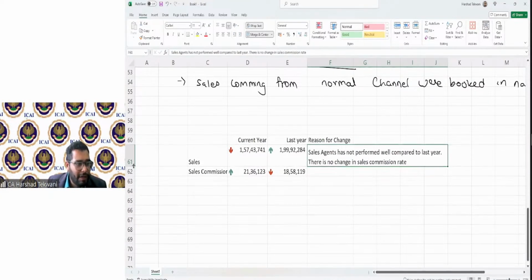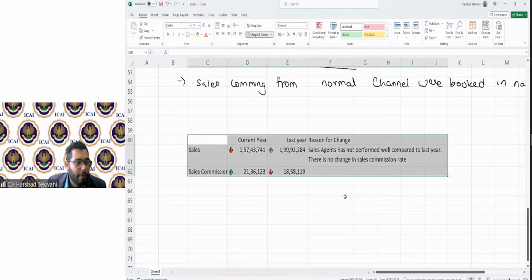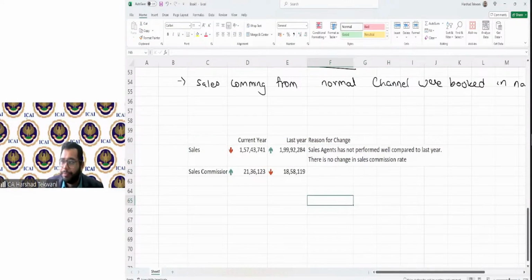So the reason for the decrease in sales is that the sales agents have not performed well compared to the last year. Good Charu, good Manoj, good Sayyid.